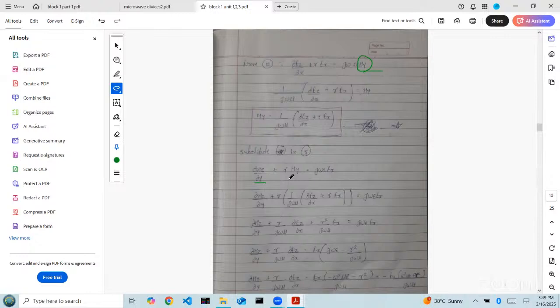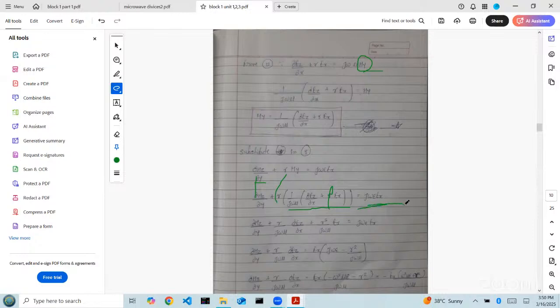See here, the substitution part. The first term is written as it is. Next, gamma is written as it is. In place of Hy, I substituted 1 by j omega mu dou z by dou x plus gamma times of Ex. The RHS is the same.